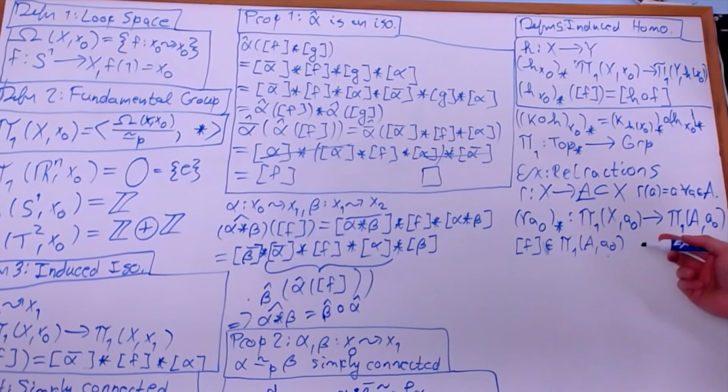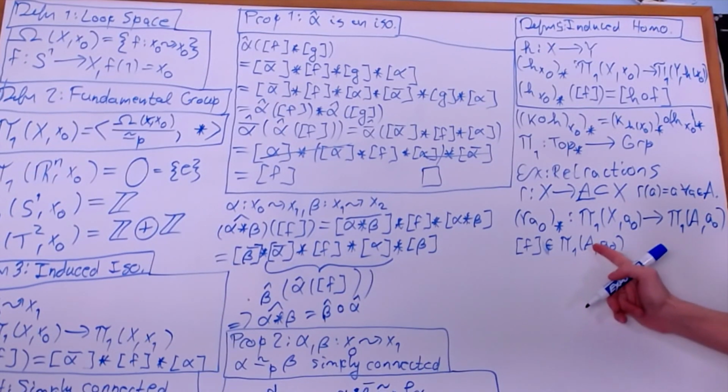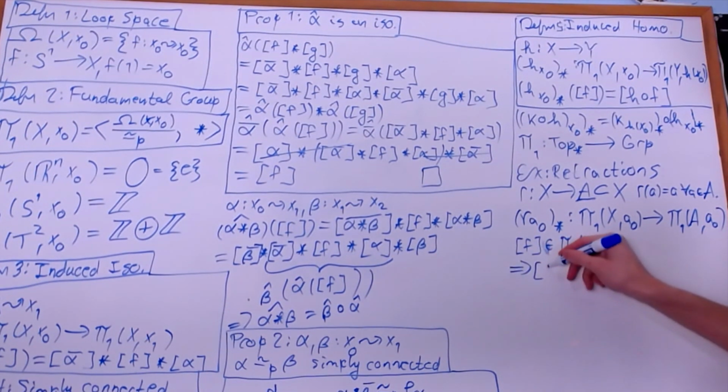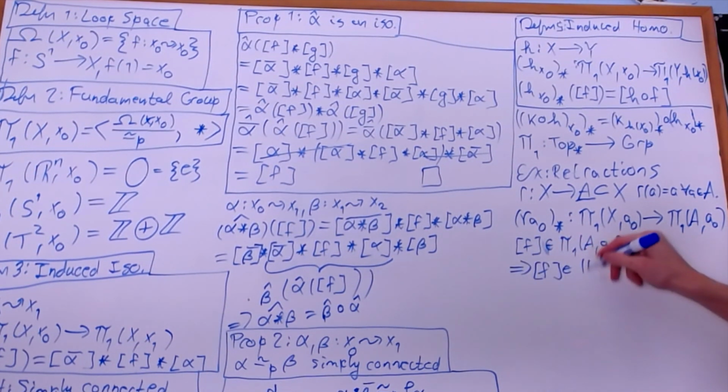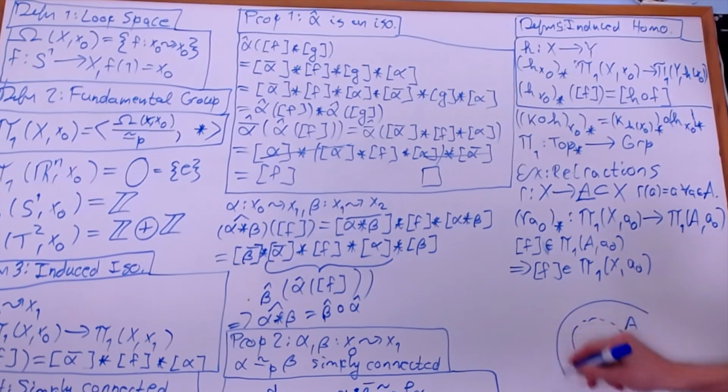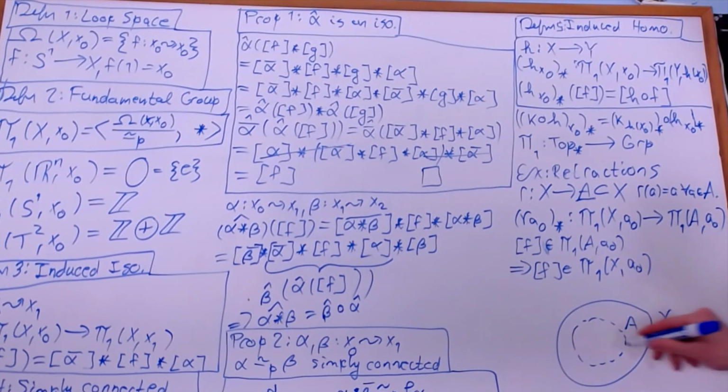But what you should realize is that any loop in A at that point is also a loop in X at that point. Because you have your space A, which is a subspace of the total space X. You have your point A0 in it. You have your loop F. If you just ignore the fact that it's in A, you get that it's a loop in X.